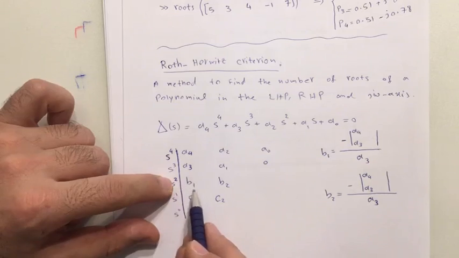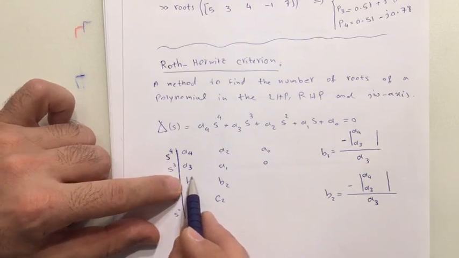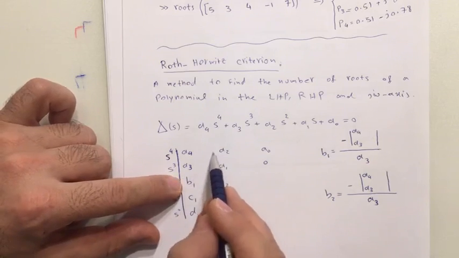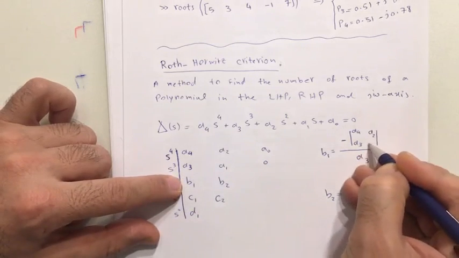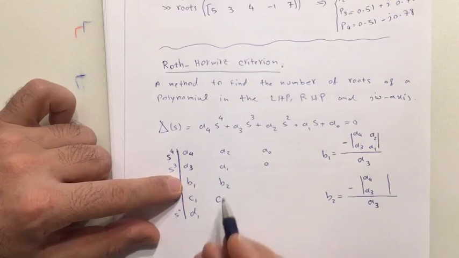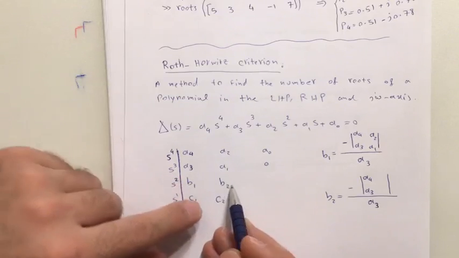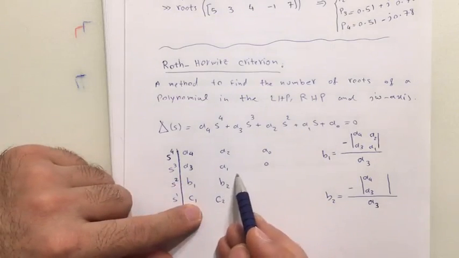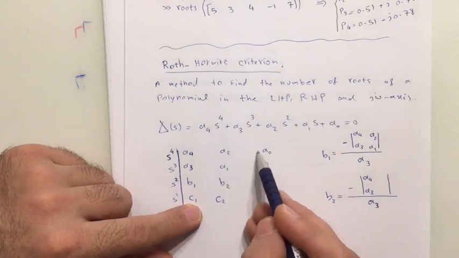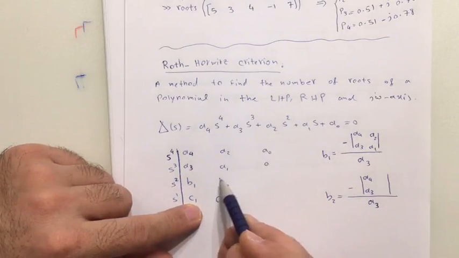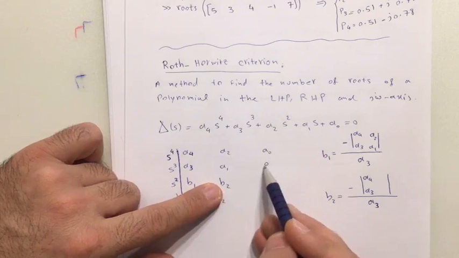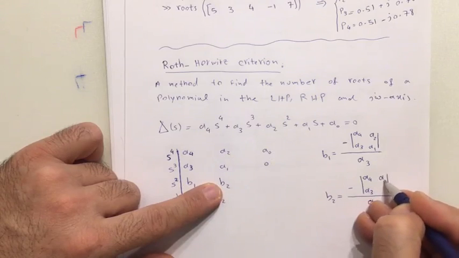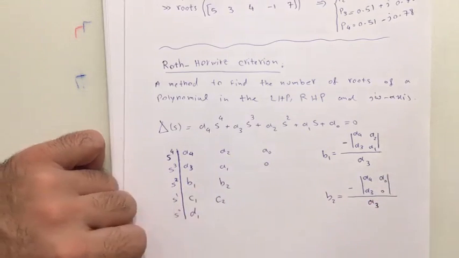So if you're talking about B1, it would be the next column, but in the 2 previous rows, it would be A2, A1. If you're talking about B2, not the same column, the next column, but in the 2 previous rows, it would be A0, 0.